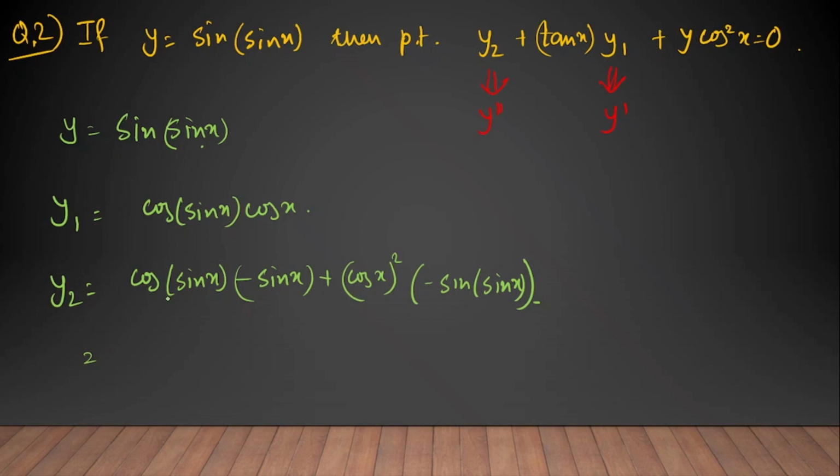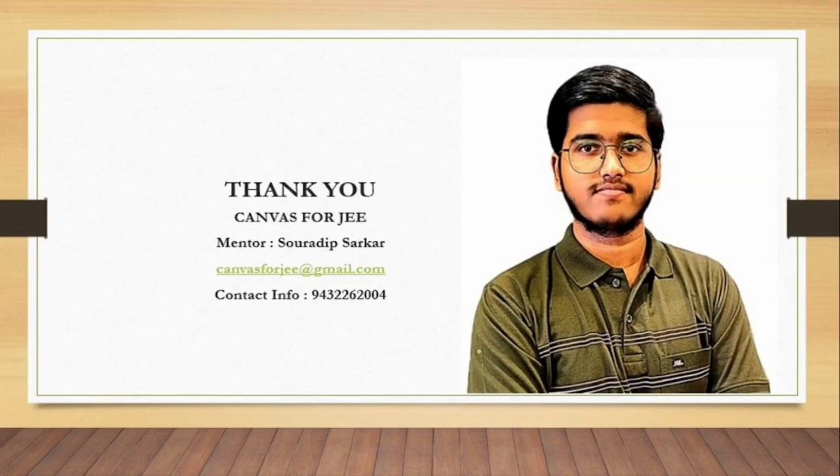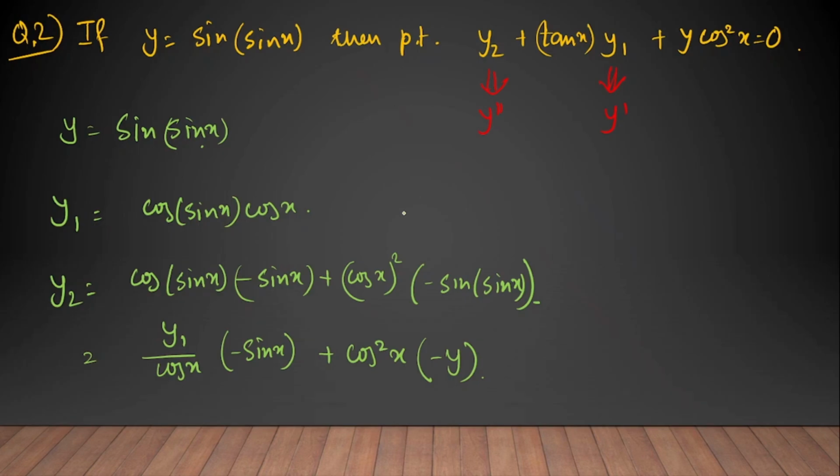So we can write cos of sin x as y1 divided by cos x, into minus sin x, plus cos square x into minus sine of sin x. It is as it is, minus of y. Okay, after that we have simplified it.